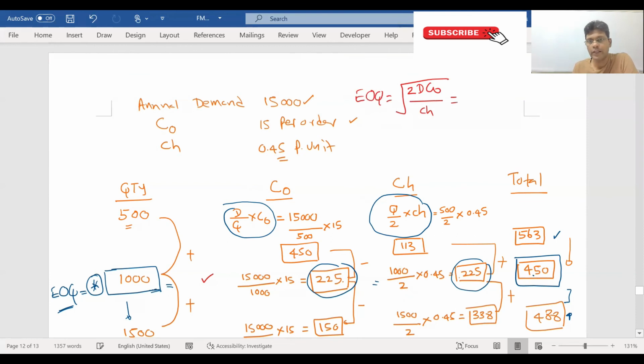So let's take 2 multiplied by the demand, 15,000, times the ordering cost, 15, divided by 0.45, and take the square root. When you simplify this, you get 2 times 15,000 times 15 divided by 0.45, which is the square root of 1 million.